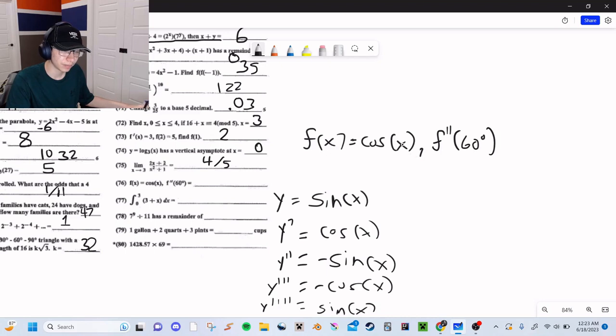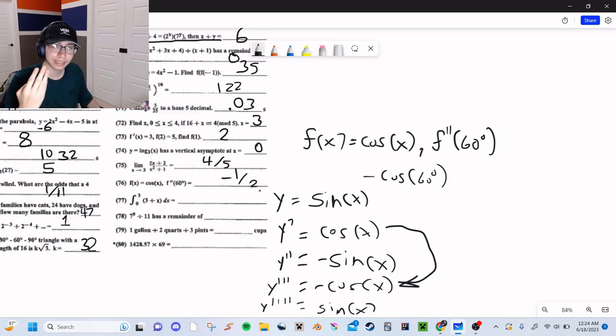So in this case, we take the second derivative of cosine, we're going to get negative cosine. So the answer is just going to be negative cosine of 60 degrees, which would be negative 1/2. Again, cosine of 60, just memorize the unit circle, it's 1/2. So negative that, negative 1/2, is our answer.